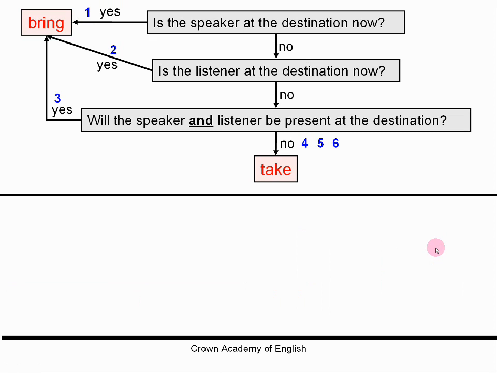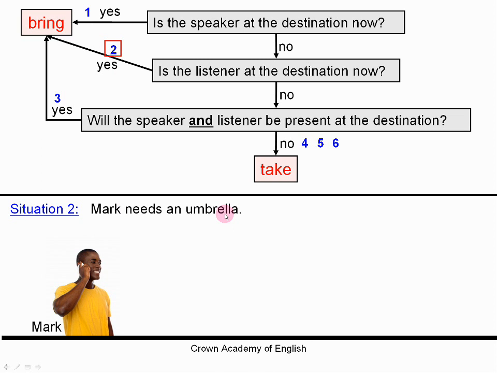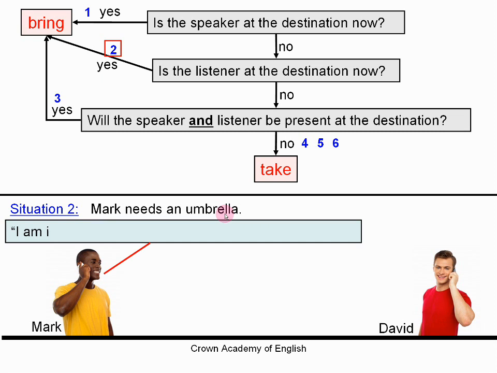So now let us look at situation number 2. This one. Mark needs an umbrella. So here is Mark. And here is David. Mark says, "I am in the park.